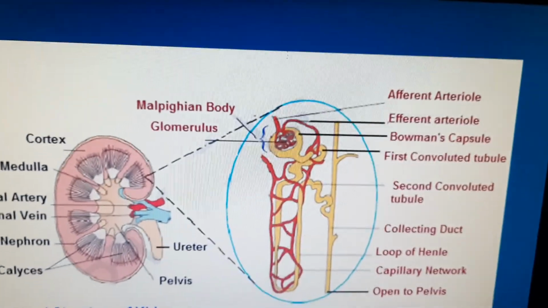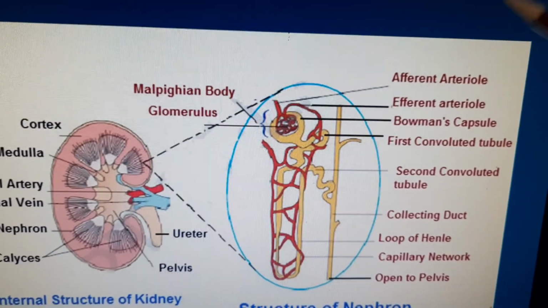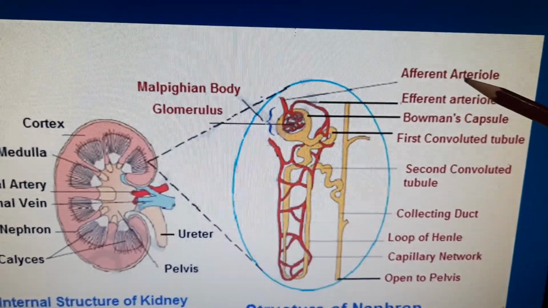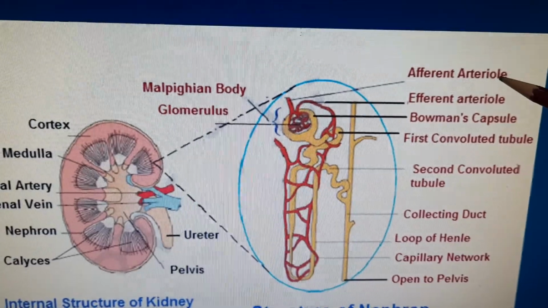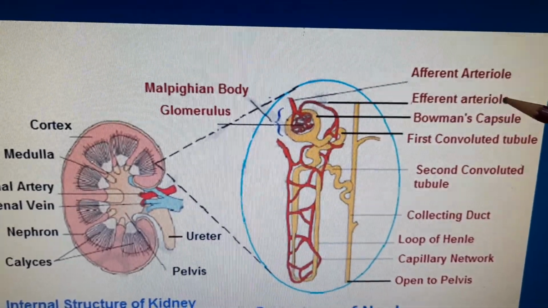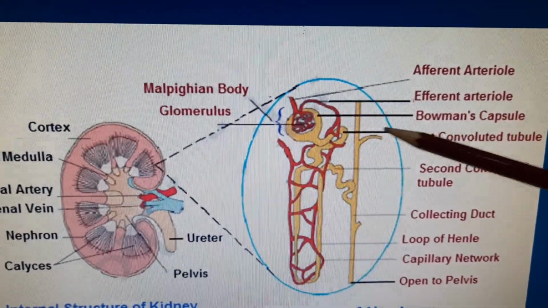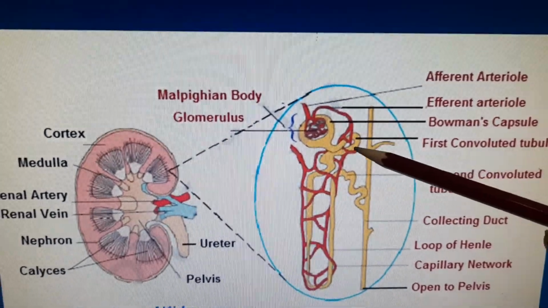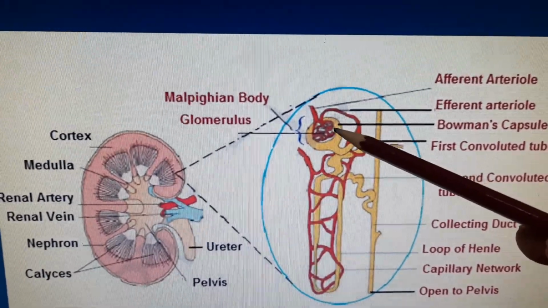On the right side we see the afferent arteriole, and then this is the Bowman's capsule.